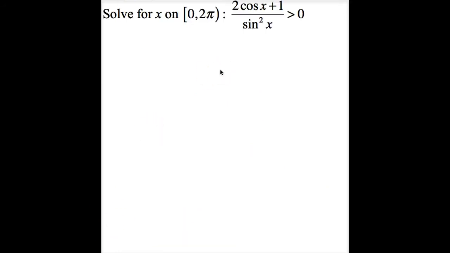Now, what do you do when you get something like this? I can't simplify this, but I want this whole thing to be positive. Now, I notice that my denominator is always greater than or equal to 0, but I first need to check to see where sine squared equals 0, because obviously these points will not be in our domain. And this is 0 when sine is 0, or it's 0 and pi.